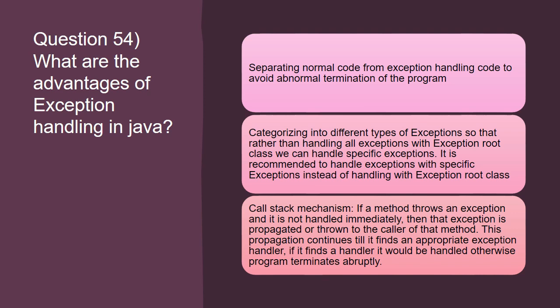It is recommended to handle exceptions with specific exceptions instead of handling with the exception root class. 3. Call stack mechanism. If a method throws an exception and it is not handled immediately, then that exception is propagated or thrown to the caller of that method. This propagation continues till it finds an appropriate exception handler. If it finds a handler, it would be handled, otherwise the program terminates abruptly.